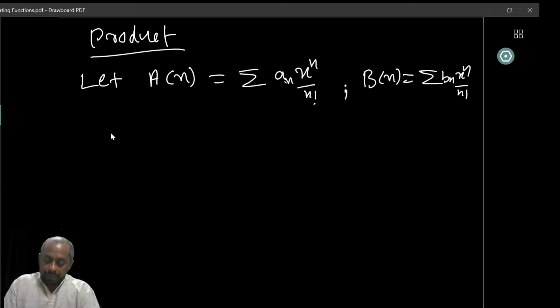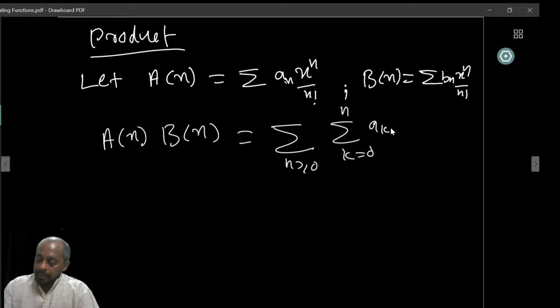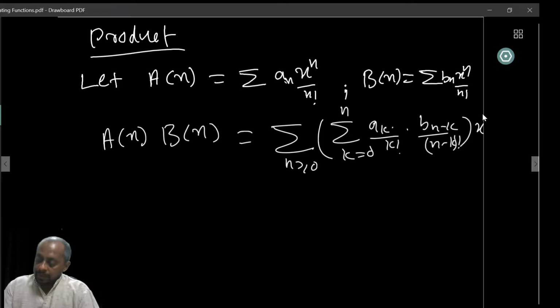A(x) into B(x) is equal to, by definition of the product, the summation over n greater than or equal to 0, summation k equal to 0 to n, of a_k by k factorial times b_(n minus k) by (n minus k) factorial, and then you have x raised to n.